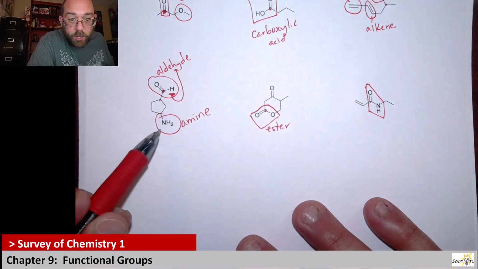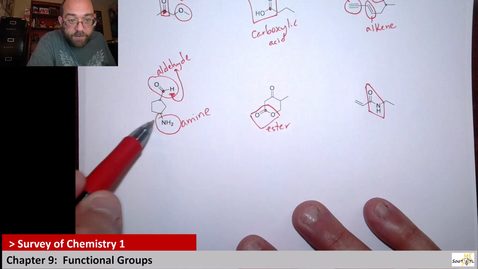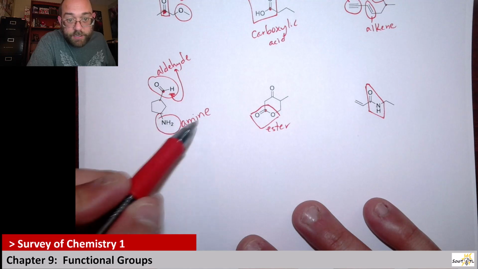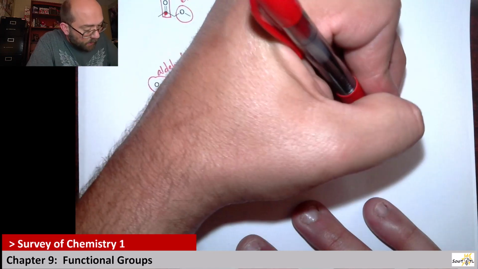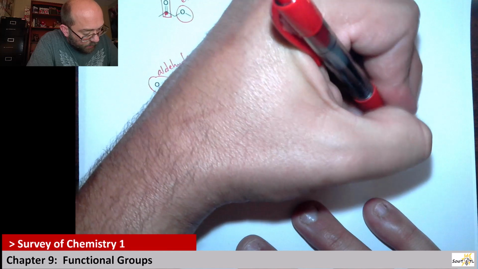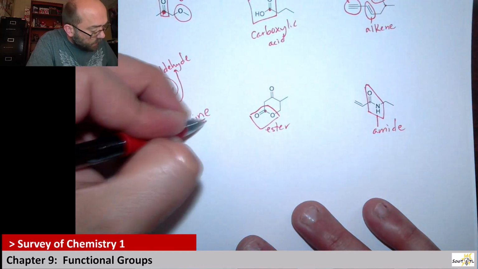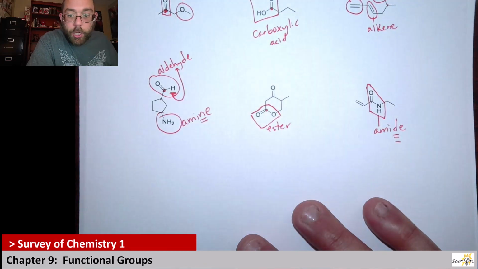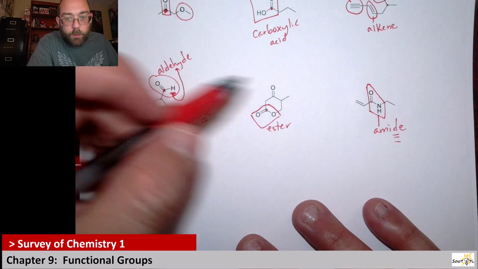Here, the carbon it's bound to does not have a double bonded oxygen. So it's an amine, while this is an amide. Amine, amide. You're going to confuse those two. Beware.